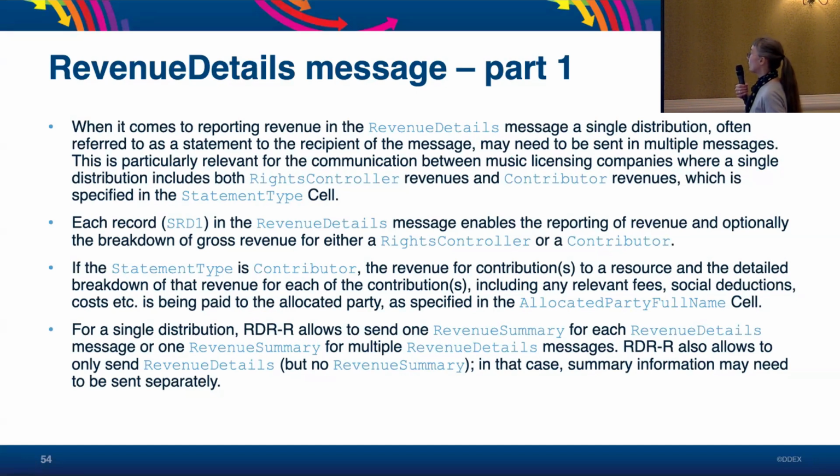You can have a summary for every detailed message, or you can have no summary. So that allows you more flexibility depending on what process you need to implement internally.